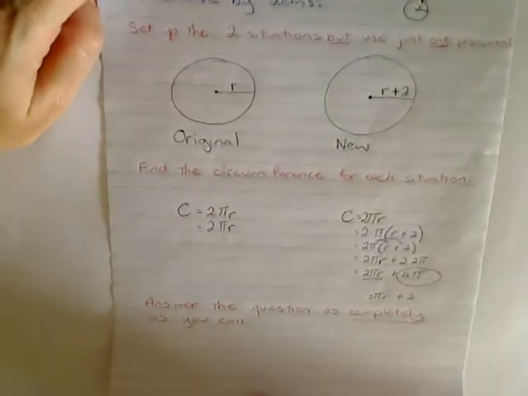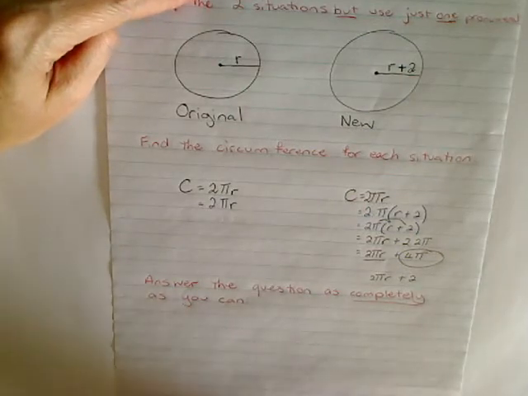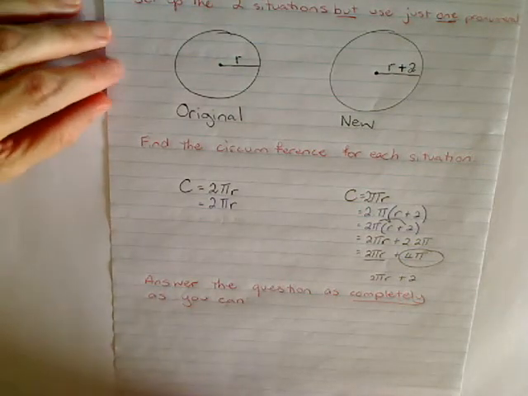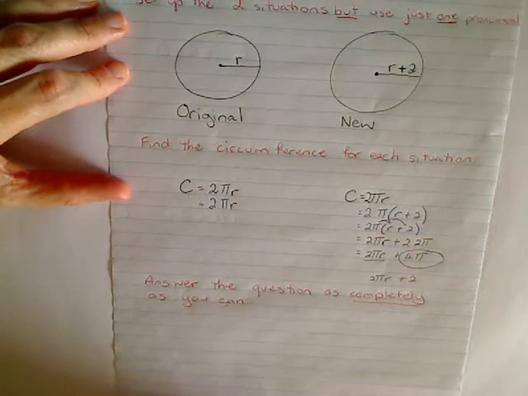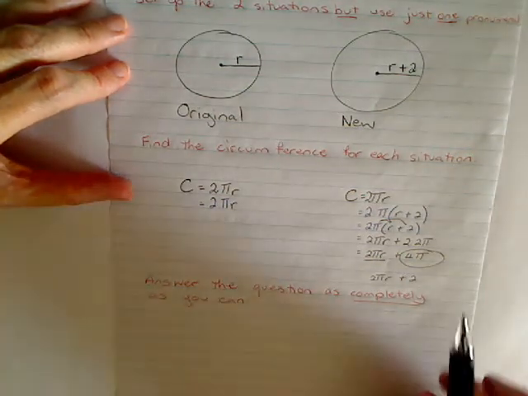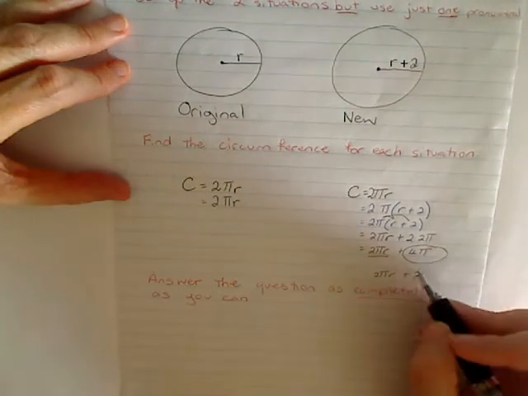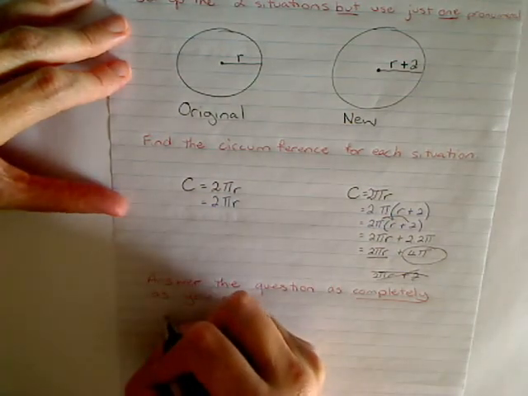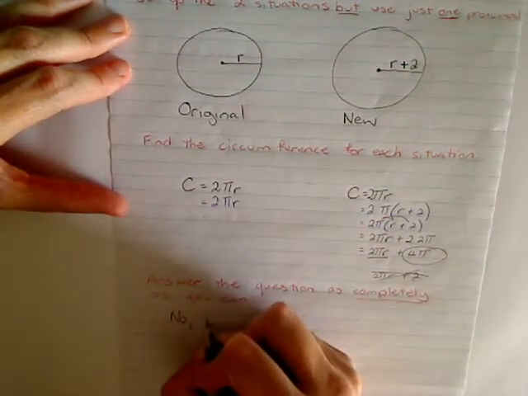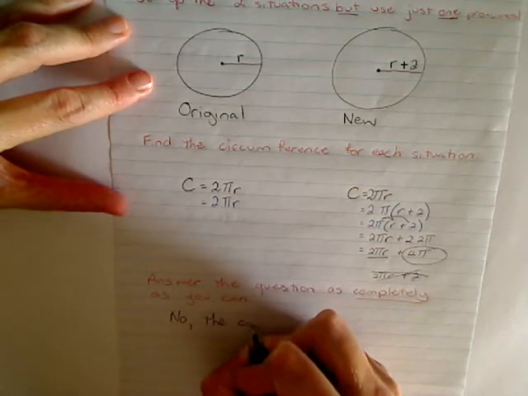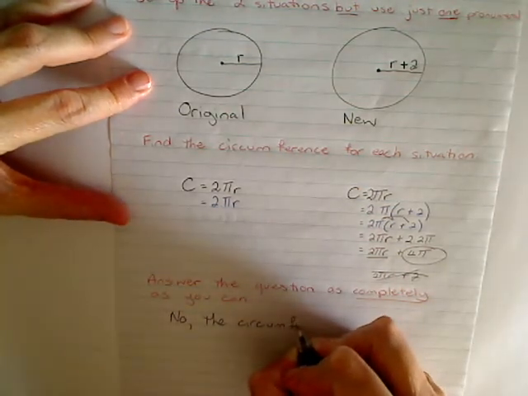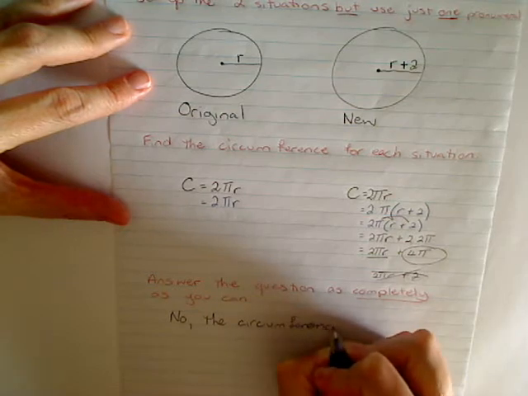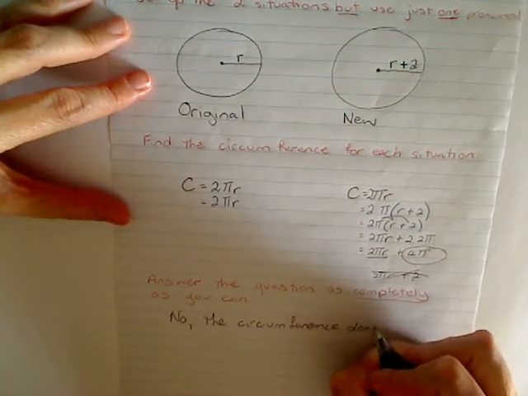So now we need to answer our question. When I add 2 to the radius of the circle, will the circumference also increase by 2? It does not. So no. The circumference does not increase by 2.